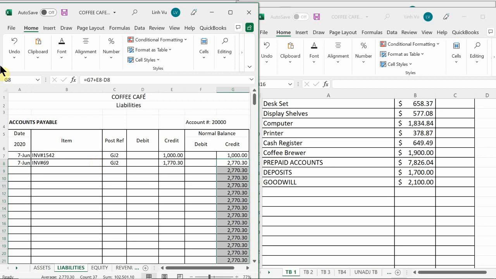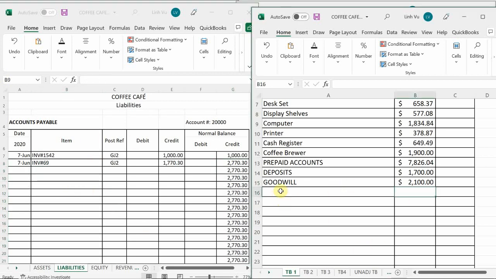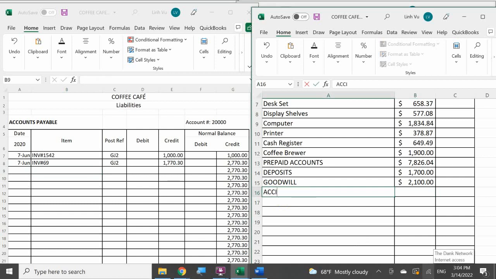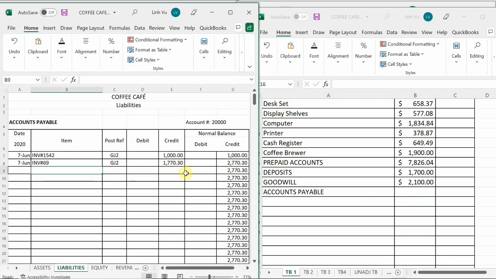Okay. First account on my liabilities is going to be accounts payable. Okay. In this case, what is my credit balance in my accounts payable account?